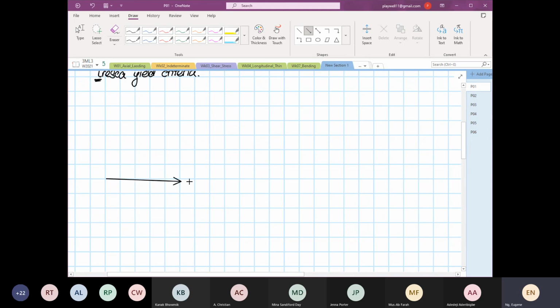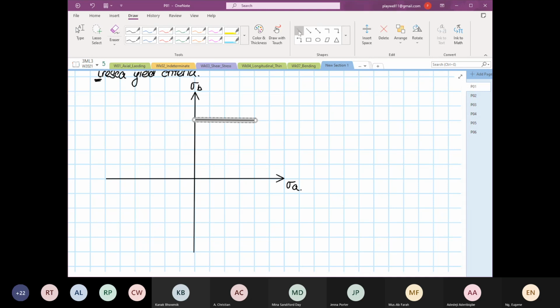So on our x-axis, this is our stress A. I'll define what is stress A and stress B later on. And on the y-axis is our stress B. So you see stress A and stress B. And I'm going to draw lines now. Bear with me.